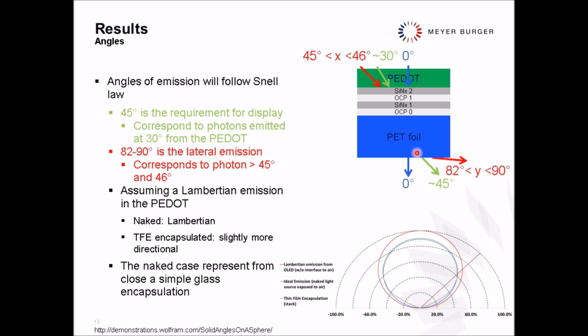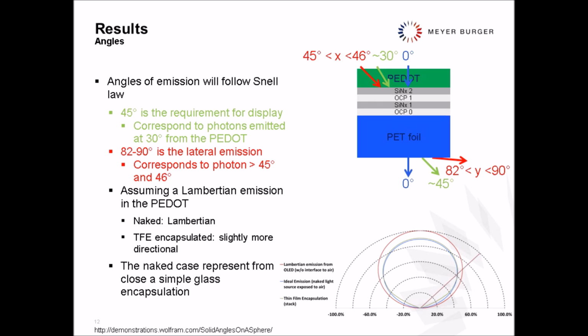We are looking into the beam at 0 degree, which travels maintaining its direction. We see the beam at 30 degrees that will become the one at 45 approximately, and then we see also the lateral emission.